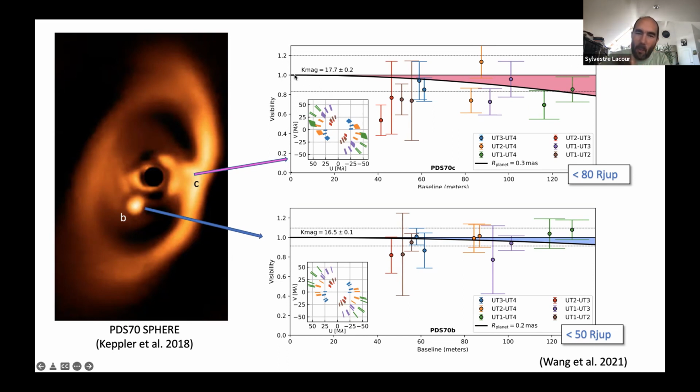So the visibility of 1 here is set by our knowledge of the magnitude of the exoplanet, with the uncertainty on the magnitude of the exoplanet observed by SPHERE. But that gives us a 1. And then you take the visibilities, and once you correct that, you can plot them here. Since it's an exoplanet that is quite faint, we assume that the visibility is constant over all the wavelengths.